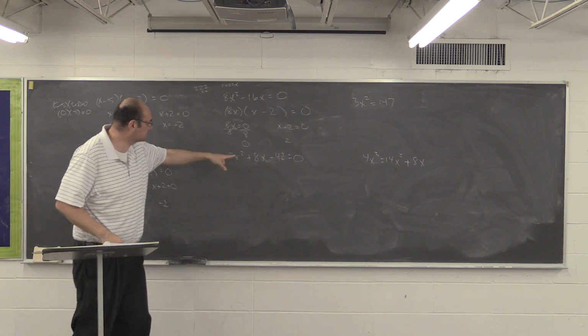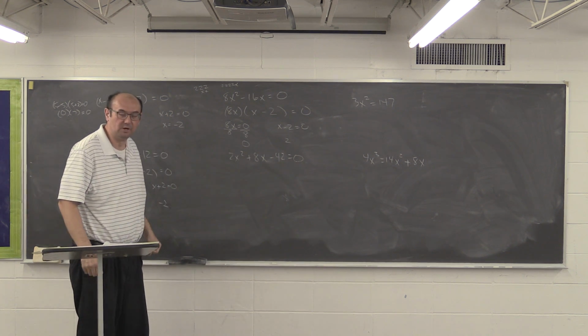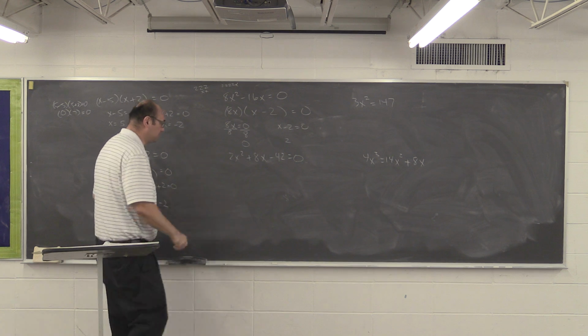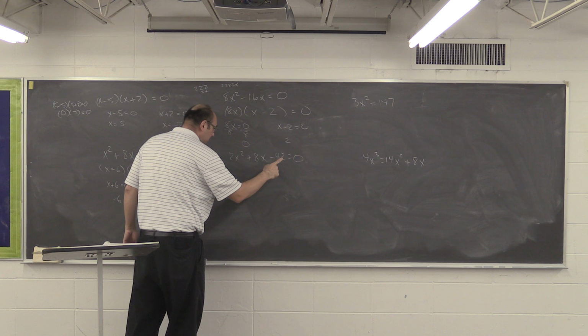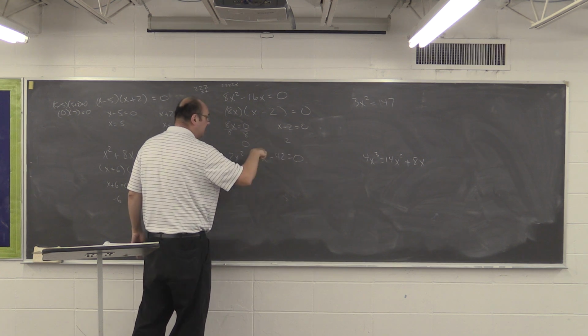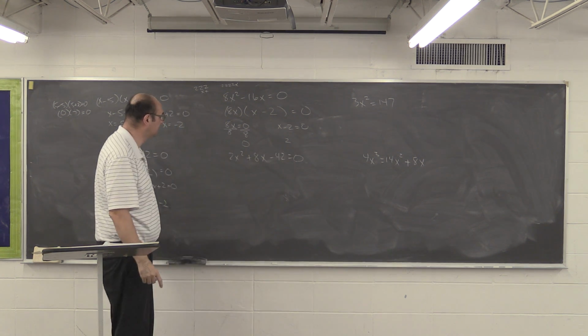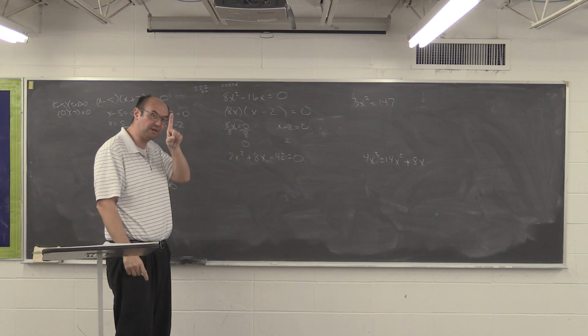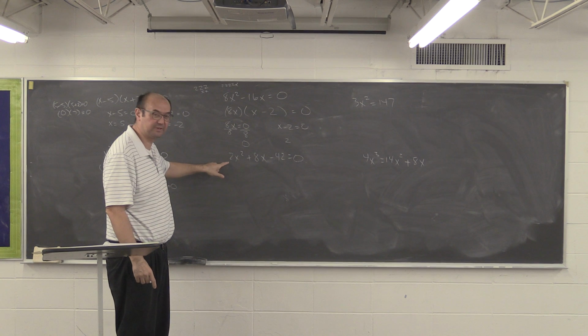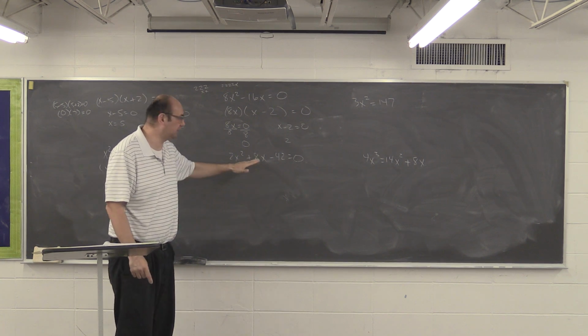Now, 2x squared plus 8x minus 42. We've got to break that down because we've got 2, 2, 2, 2, and then we can break 42 down into 2 times 3 times 7, I believe it is. But if you'll notice, the only thing we can pull is one set of 2's. Can we pull any x's out?